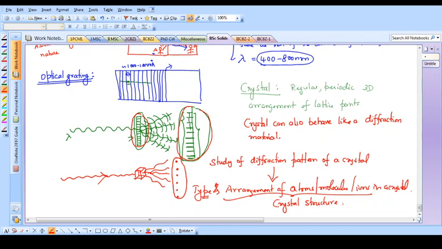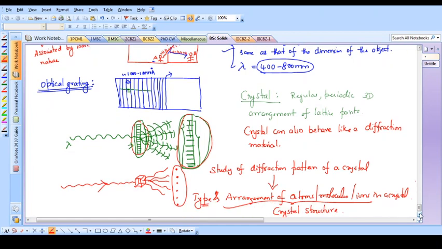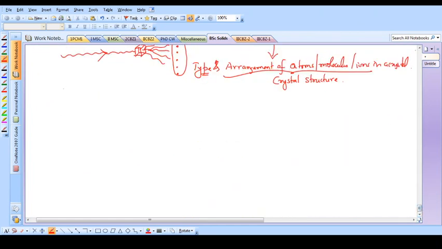To answer this question, we have to go back to the condition for diffraction. The condition for diffraction is that the wavelength of the wave should be approximately the same as the size of the object. So in a crystal, let me draw a crystal here. These are lattice points which may be atoms or molecules.